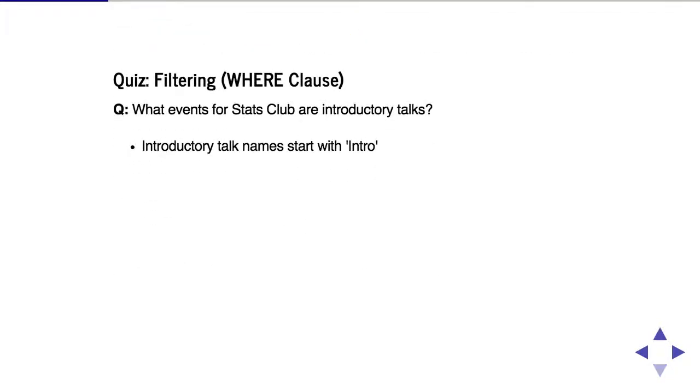So, a little tiny quiz. Where clause: what events for Stats Club are introductory talks? Introductory talks start with the string intro. So just try and figure that out. We'll try and help you out along the way.